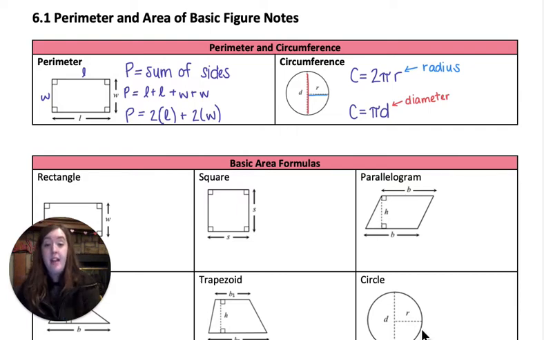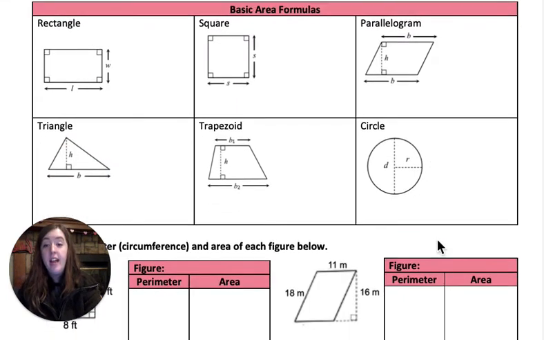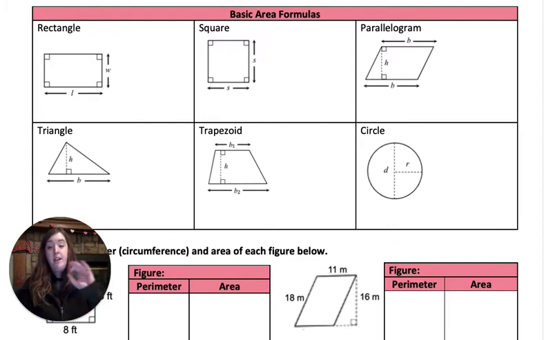Now let's look at some area formulas. Now, area measures how much square inches, feet, whatever measures it might be on the inside. So we're talking about area on the inside. So for a rectangle, our area is going to be length times width.